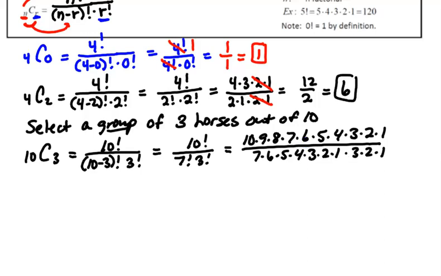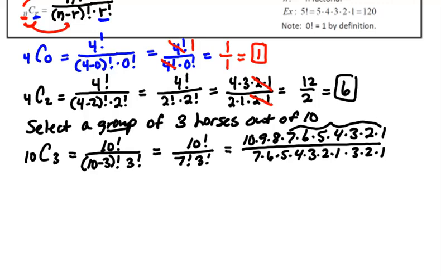Now, you might recognize that 7 factorial is 7, 6, 5, 4, 3, 2, 1, all multiplied together. And when I get down to 7, 6, 5, 4, 3, 2, 1 in the numerator, I could have just written, oh, this is just 7 factorial and this is just 7 factorial, and they're going to cancel out.